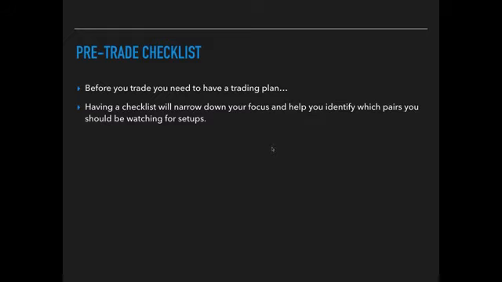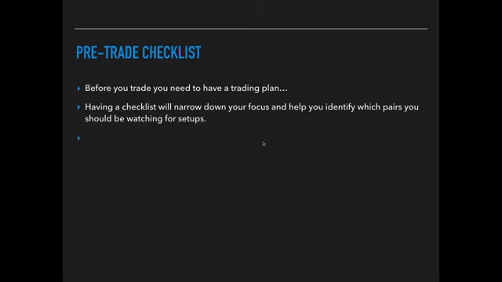Okay, and that's going to keep you focused on the things that you need to be watching, because sometimes you're watching a whole different set of pairs, and then you miss a setup on another pair because you weren't able to multitask, or it just slipped your mind, right? Something like that. But having this checklist is going to help you, like I said, narrow down your focus and help you with watching those setups.